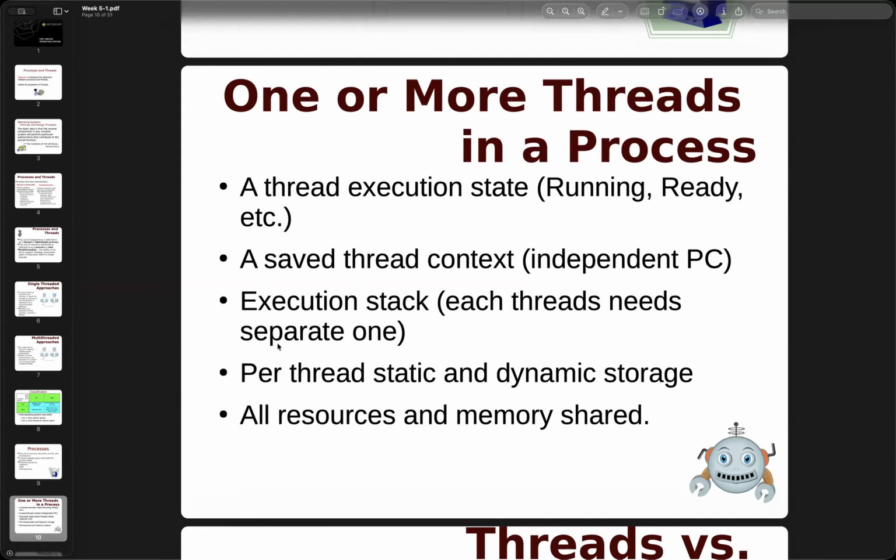Each thread needs its own separate one. We just apply the same idea as the process, since we break the process down into multiple threads, so they have pretty similar characteristics, while all resources and memory are shared. It's kind of like another process.